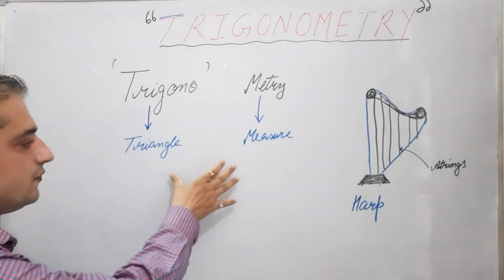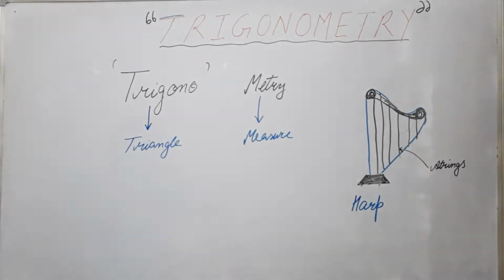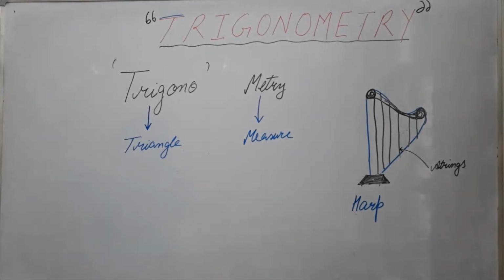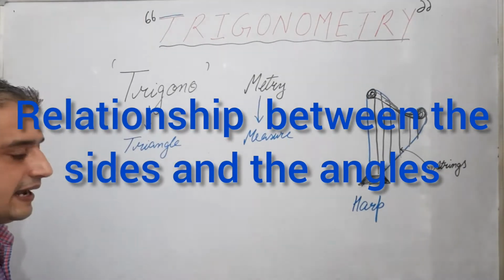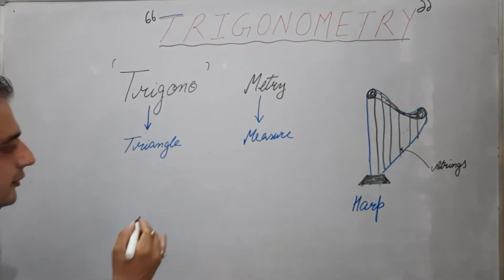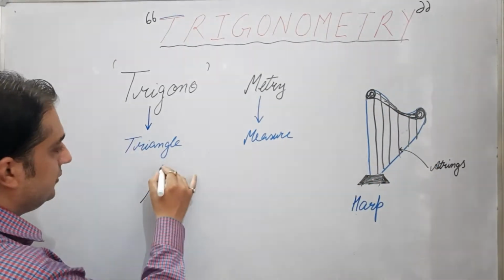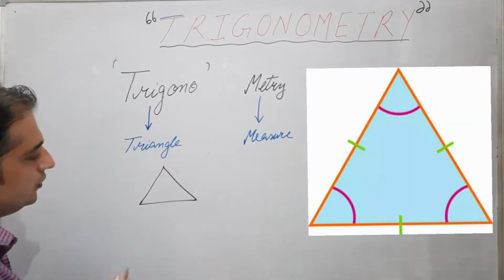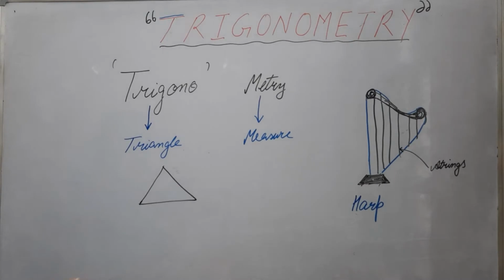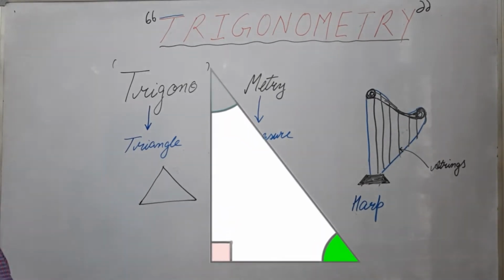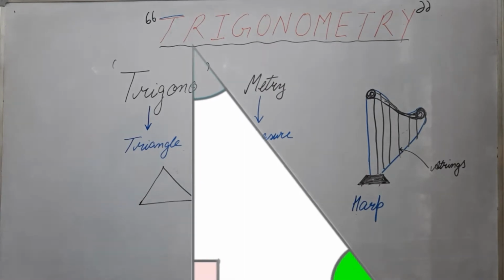It is a branch of mathematics which deals with the relationships between the sides and the angles of the triangle. Right? This is trigonometry. But in trigonometry, we specially deal with one type of triangle that is known as the right angle triangle.